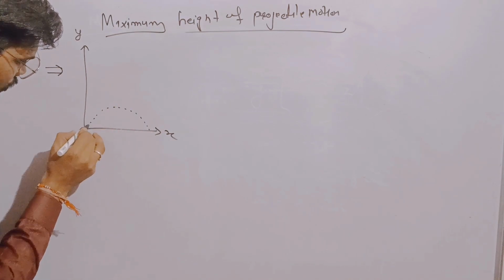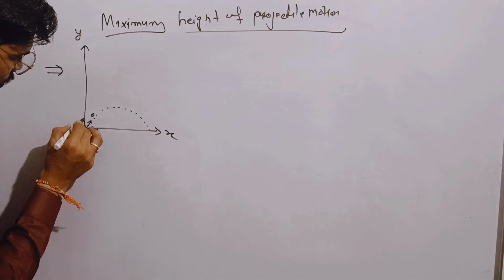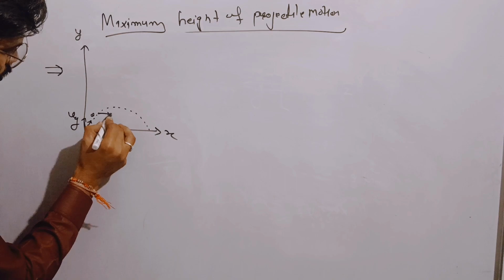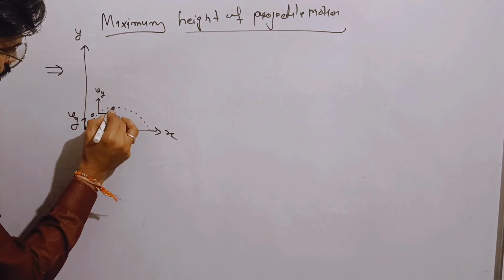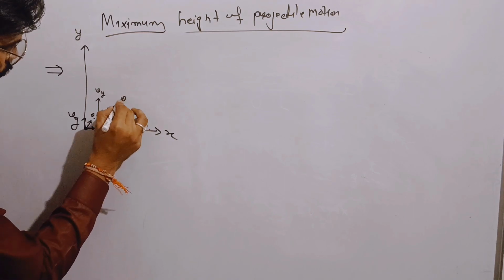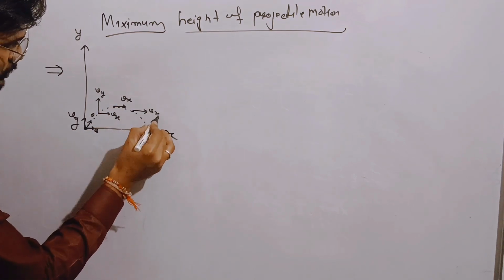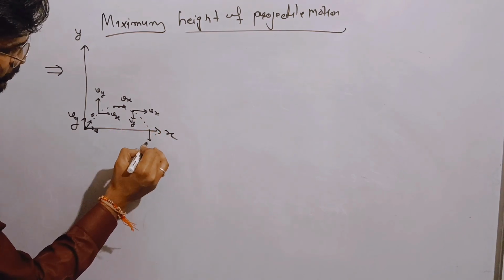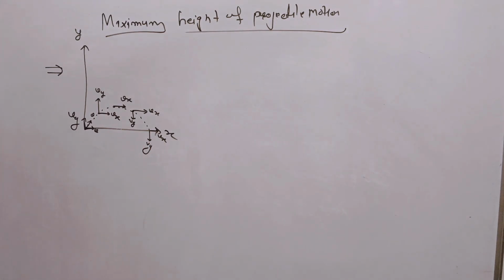This is a projectile motion and this is the velocity v of the object, and this is the vx direction, this is the vy direction. This point is the maximum point. This is vx, this is vy, this is the vy direction of velocity, this is the vx direction of velocity.